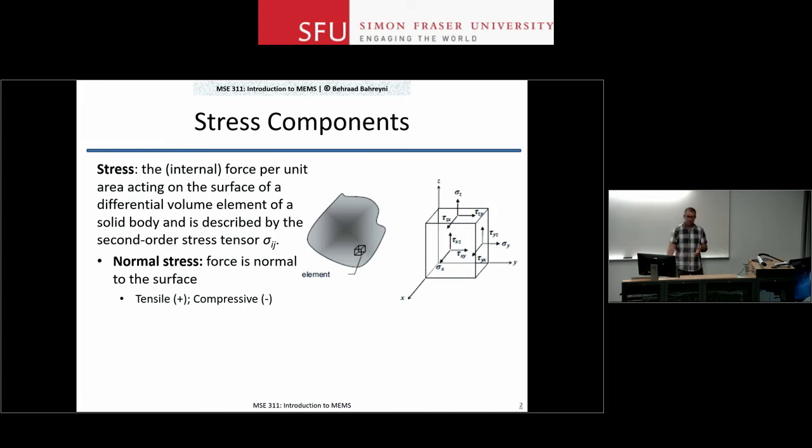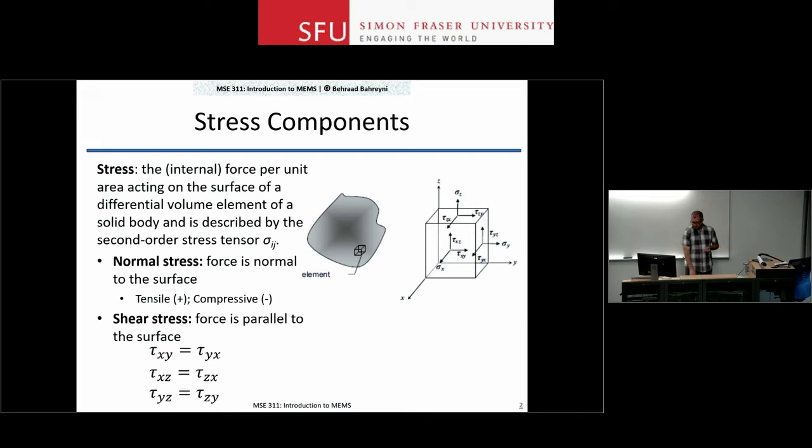Our convention in this course is that we show tensile stress with a positive sign and compressive stress with a negative sign. Shear stress is, on the other hand, where I apply a force parallel to a surface instead of normal to it. It also causes deformation of the material, and the material response to that shear force is a shear stress.